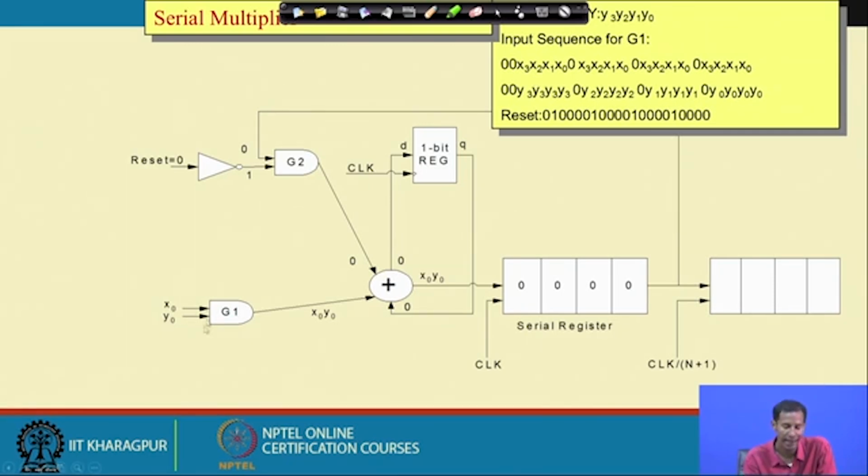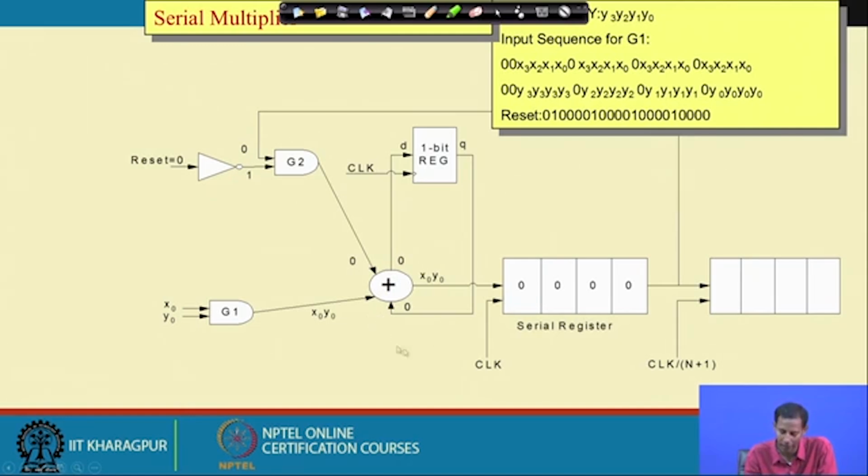By putting this AND gate, whenever y0, then y0x0, y0x1, y0x2, y0x3. So, the first partial product has been generated. Then that has been loaded to this particular serial register, then that will come over here and will be added with this.